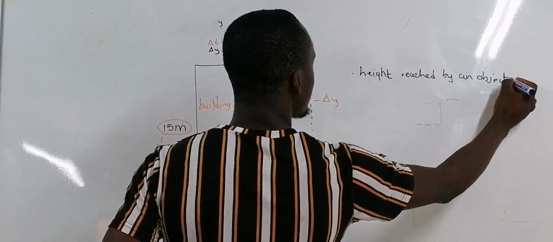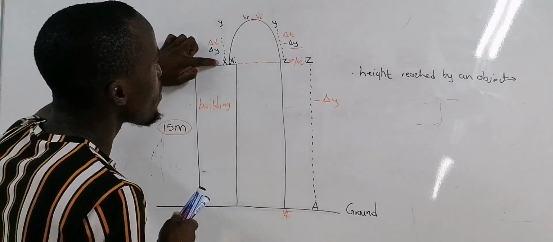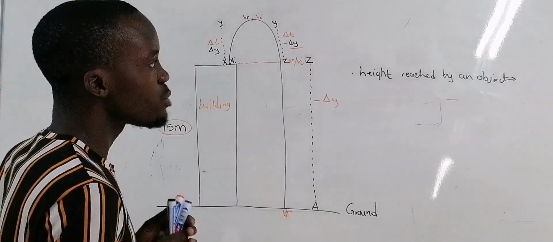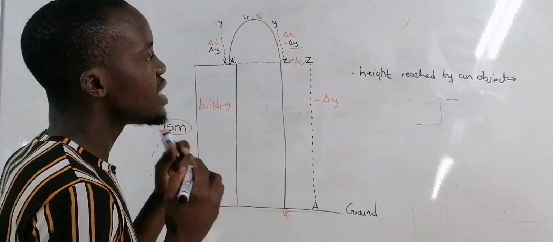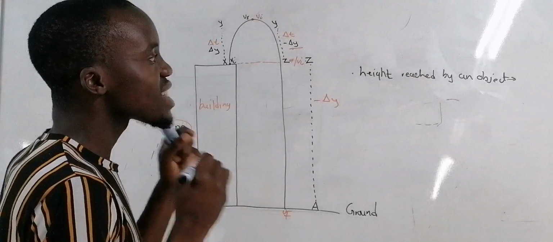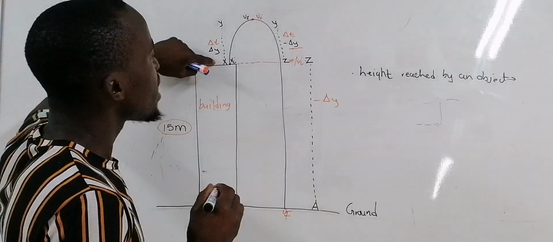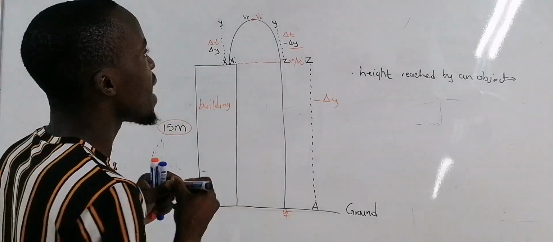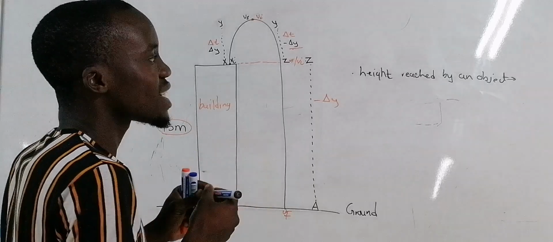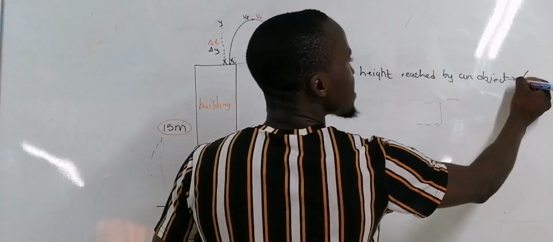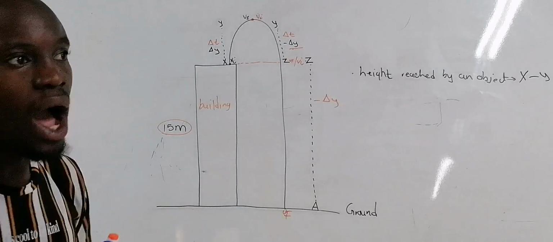The height reached by an object, this is the height from X to Y. That's the height reached by an object. So if they ask you in an exam to determine the height that is reached by an object, it's from the point of projection to the maximum height, or the height that the object reached to the ground from point X to Y. That is the height that they are asking you.